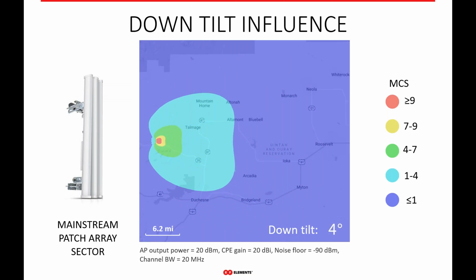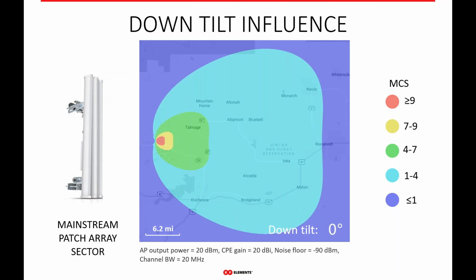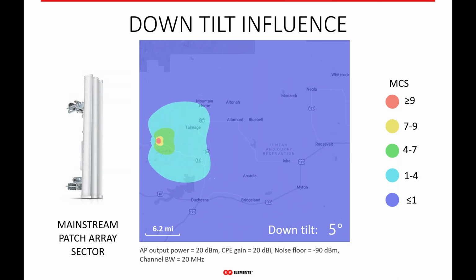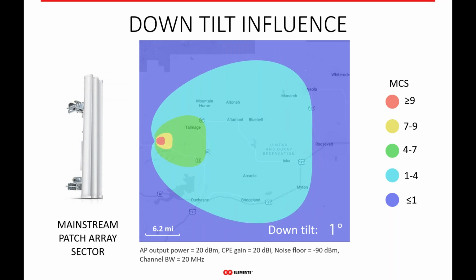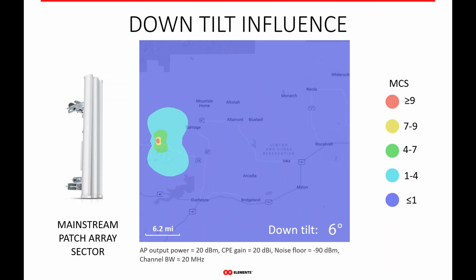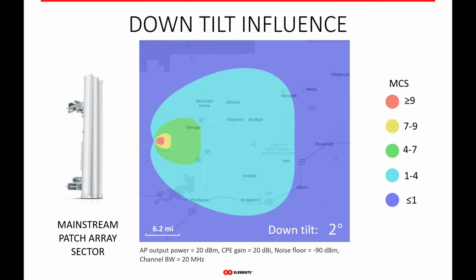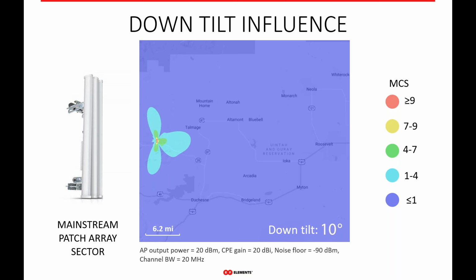So we saw as we change frequency how unstable the pattern is for different antennas, but something that's really misunderstood is how down tilt influences your coverage area, again, not the spec beam angle, but the true coverage area of an antenna. So again, down tilt is really a huge factor influencing your coverage area, right?